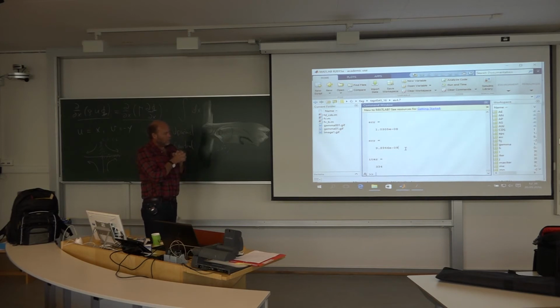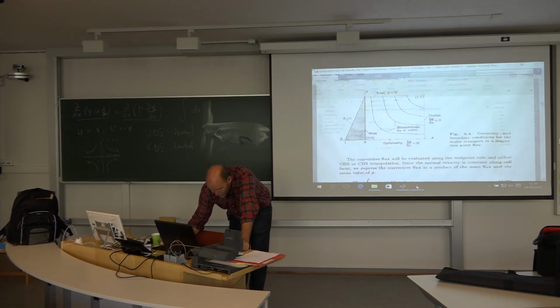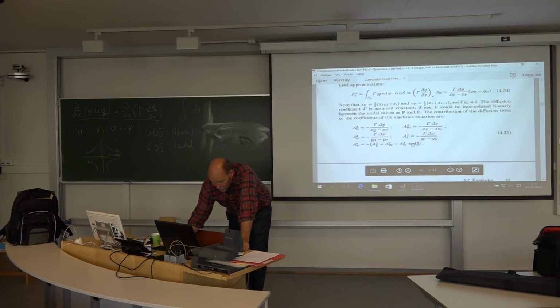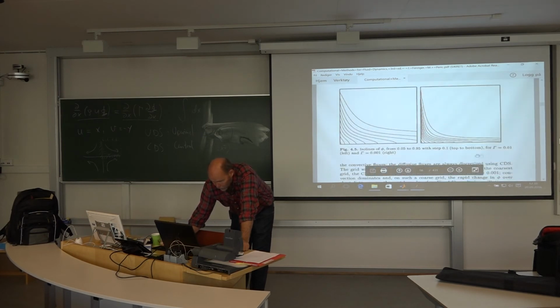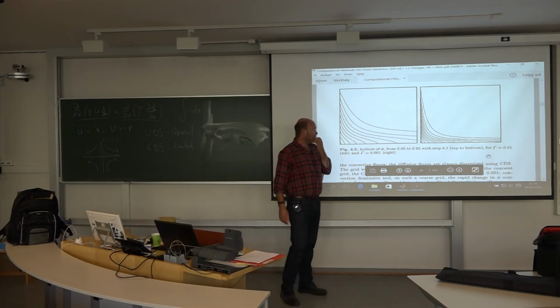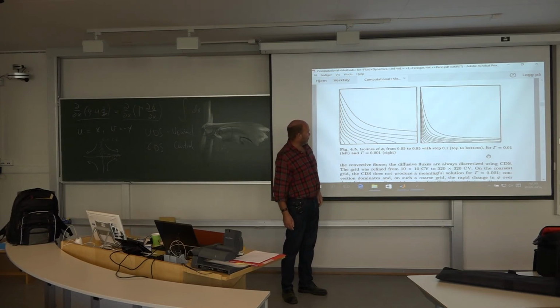Now, the actual physical error, I haven't plotted it, but you can see here from the book. Here are the results actually for the iso lines here, gamma 1/100, 1/1000.